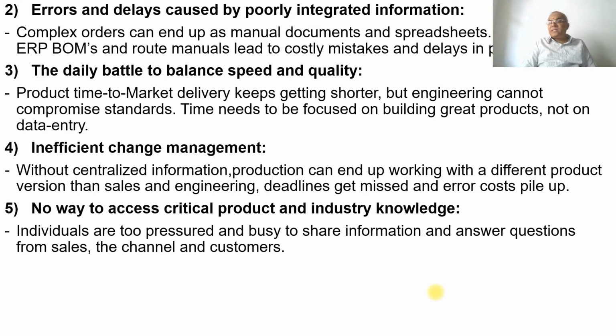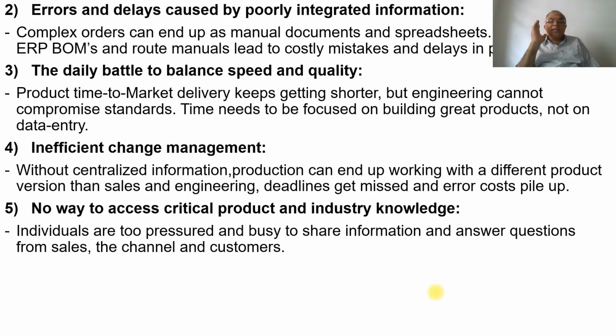Deadlines get missed and errors pile up. So that means centralized information must be available. If the centralized information is not available, then production can end up working with different product versions, and then sales and engineering deadlines get missed and errors pile up.